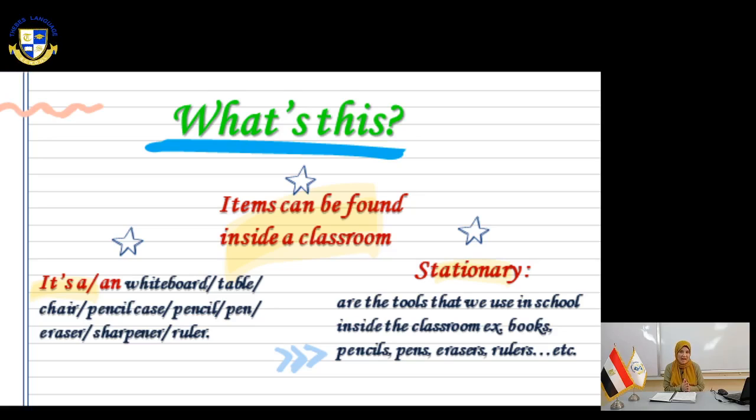It's a or an. Okay, we are going to remember now that we use the articles a or an in order to say that we have only one thing.